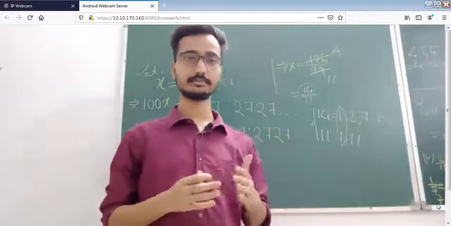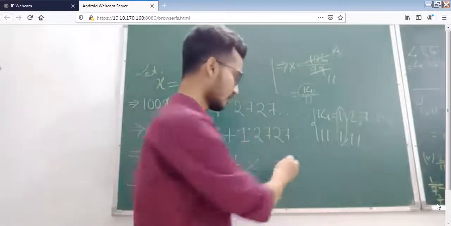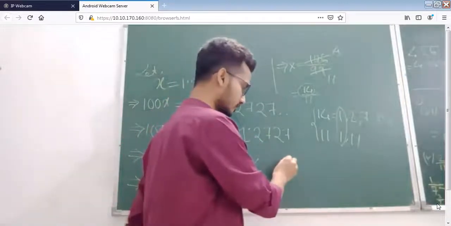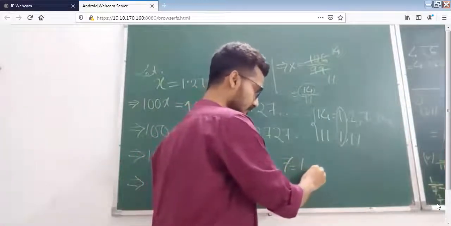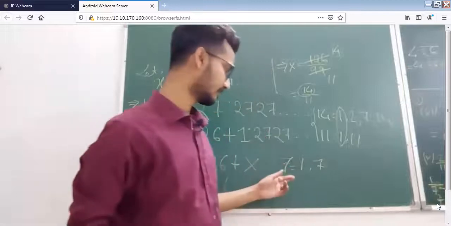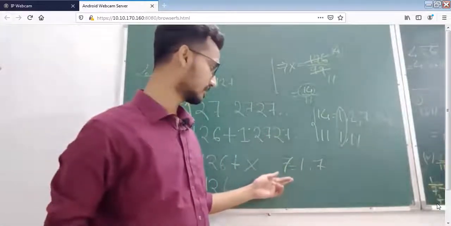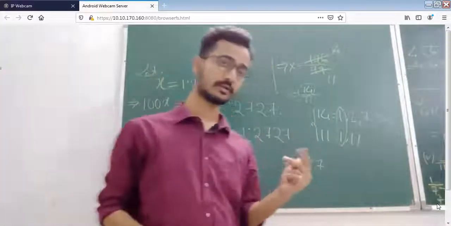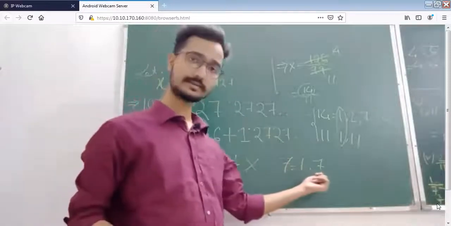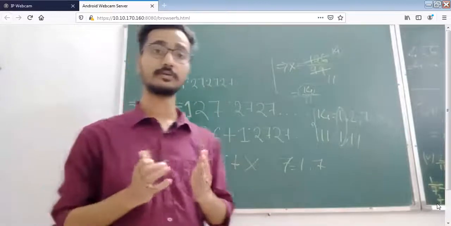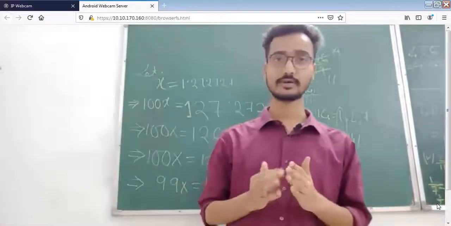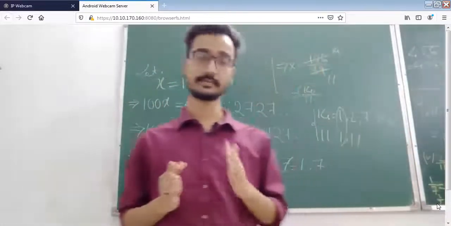Suppose 7. What are the factors of 7? 1 and 7 only. So 7 is called a prime number because it has only two factors: one is the number itself, the other is 1.